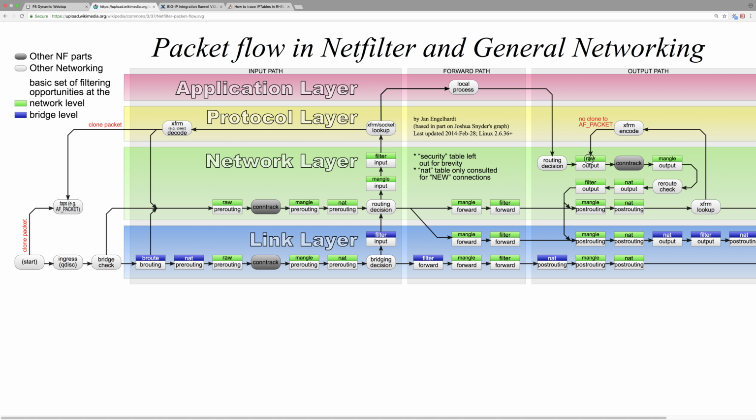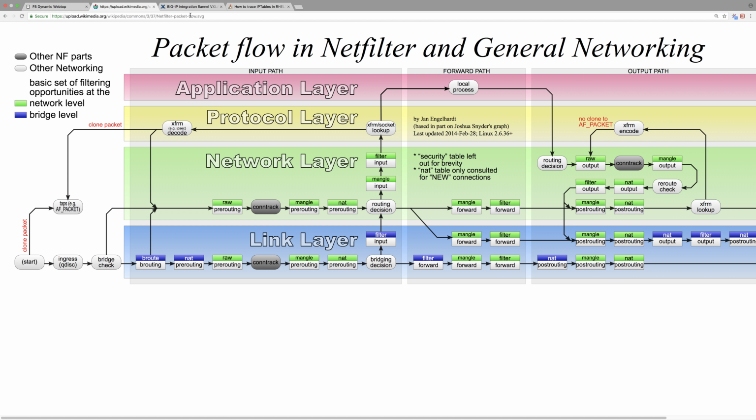So here we have a raw table, mangle table. How can we actually trace this packet in this iptables netfilter framework? Maybe we need to find something on how to trace packets in netfilter.